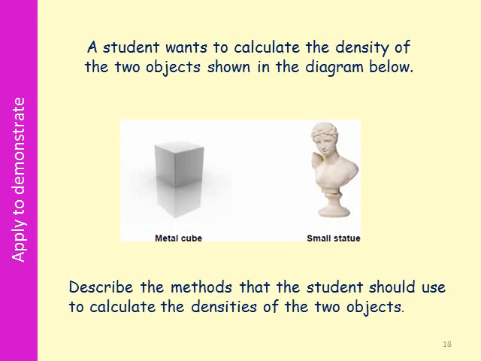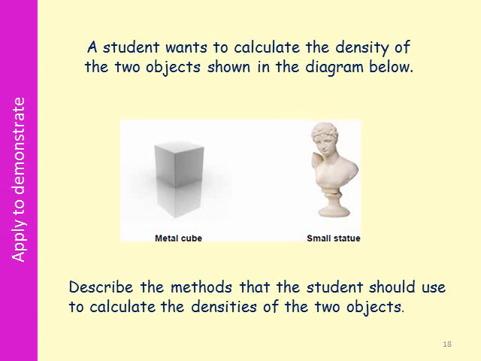A final thing that you might want to have a look at is having a go at a past paper question. So this one is the statement at the beginning of the question. The student wants to calculate the density of the two objects shown in the diagram below. So you've got a metal cube here, which is going to be your regular shape, and a small statue here, which is going to be your irregular shape.